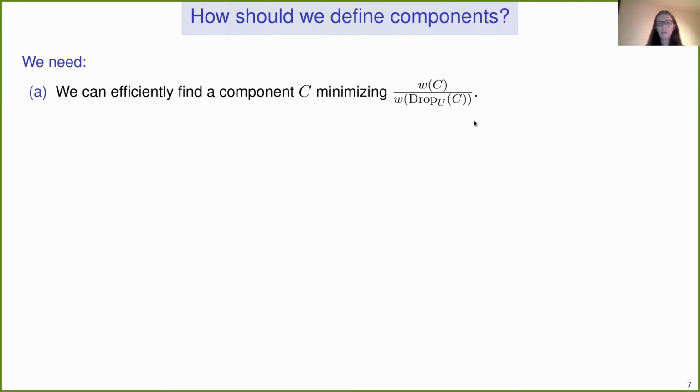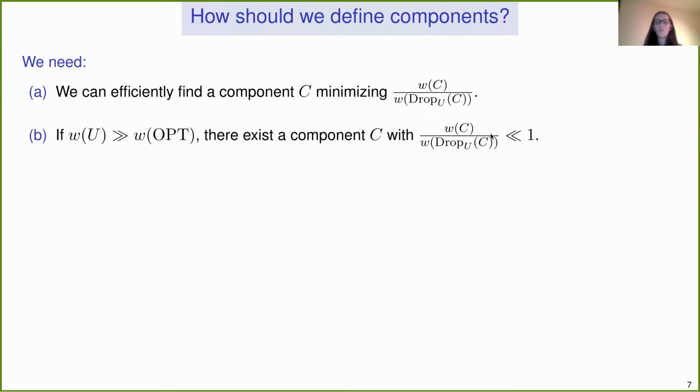But now the question is, what do we need in order to make sure that the approximation ratio is good? For this, we need a second property. Basically what we need to show is that at least initially, while the weight of our solution U is still very large, where U is only a 2-approximation, we should be able to make some progress.